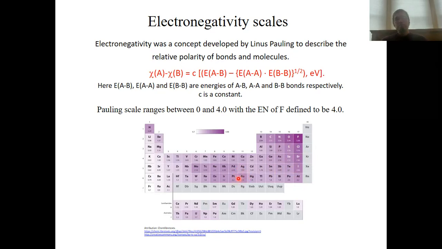Okay, so that has interesting consequences, which is that an element like gold can sometimes create ionic crystals. So for instance, when you combine gold with cesium in a compound to make CsAu, to your surprise, you're not getting a metallic compound, you're getting an ionic compound, and that is because of the large electronegativity difference between the cesium and the gold.